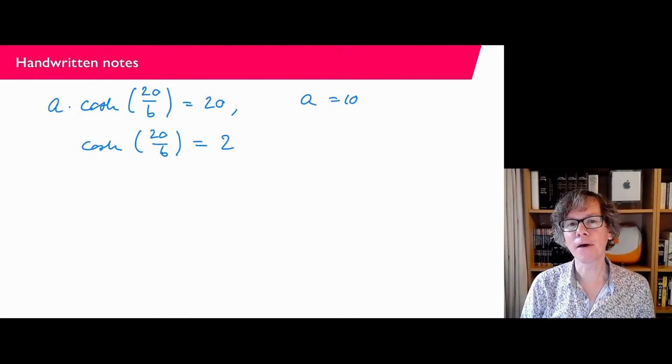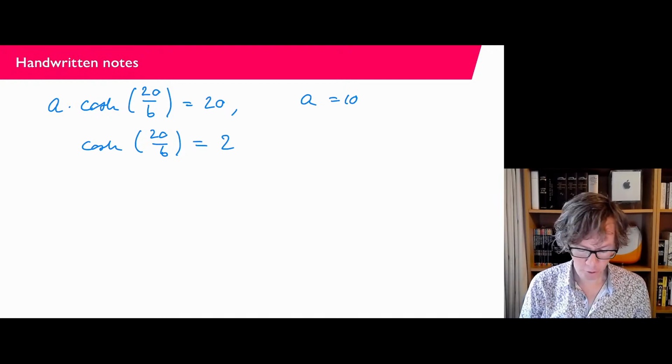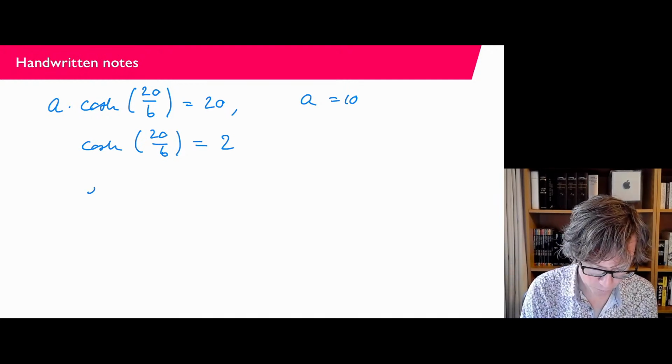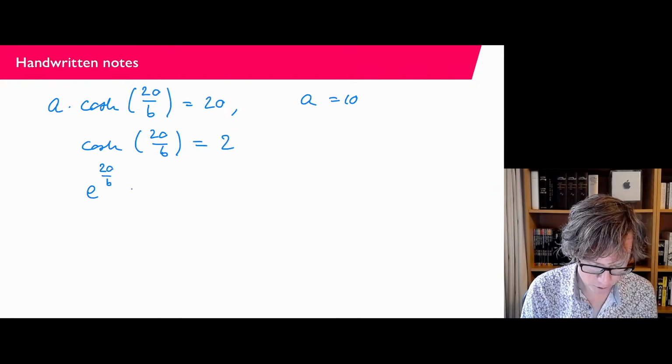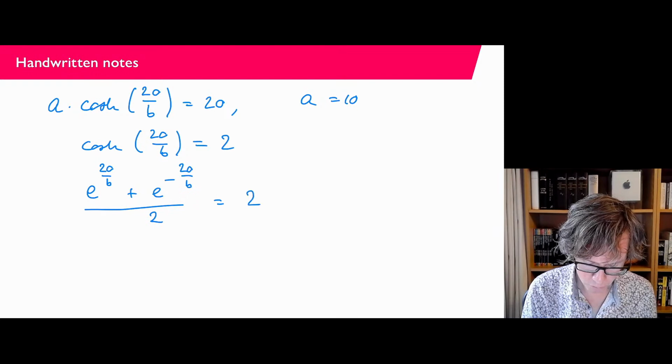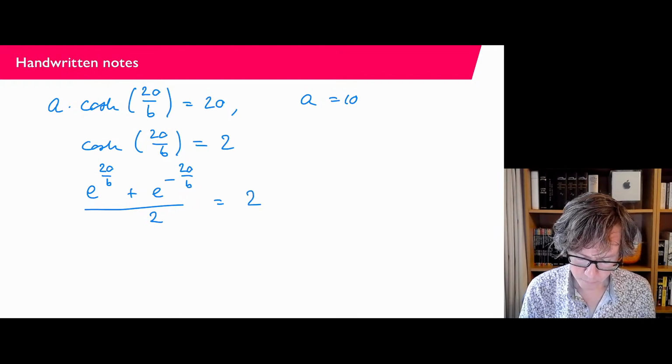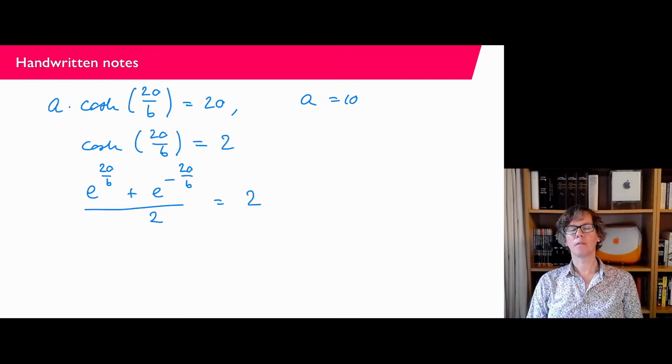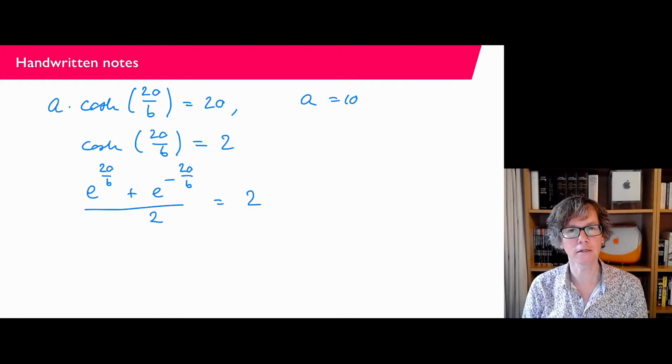And then it makes sense to go to the definition of cosine hyperbolic. So that's the exponential of 20 over b plus the exponential of minus 20 over b divided by 2 equals 2. And now the main idea, and this is something that you would not easily come up with yourself if you have not seen that.